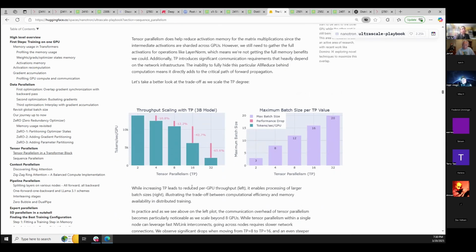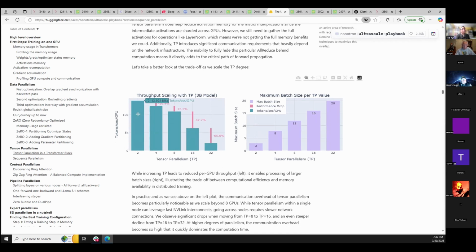Okay, so here's the diagram that I was talking about that says how much of a penalty do you pay waiting for communication? So here's 2 GPUs, here's 4. They say it's like a 10% penalty.